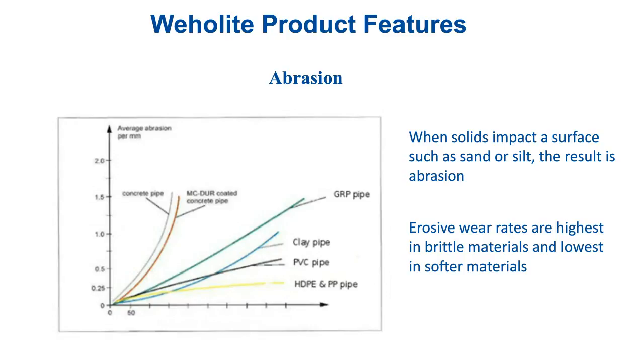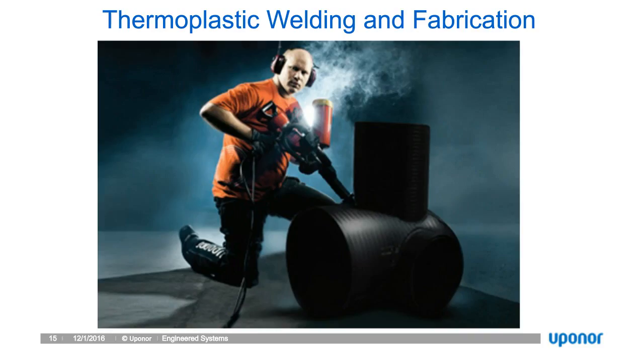Here's a quick graph showing that when sand or hard material impacts concrete, the wear or abrasion of that surface is quite rapid, whereas HDPE, because it is a more flexible material, actually absorbs the energy of those particles, and less abrasion occurs. That's important with stormwater or CSO applications, because you are passing sand and silt through the surfaces.